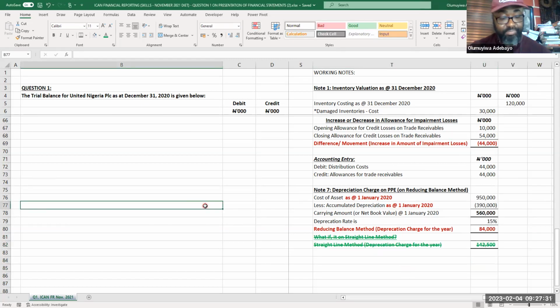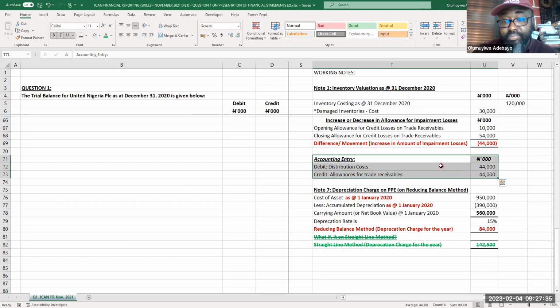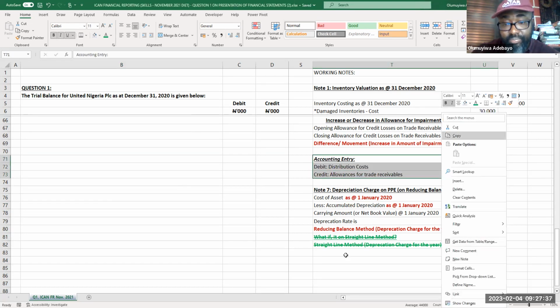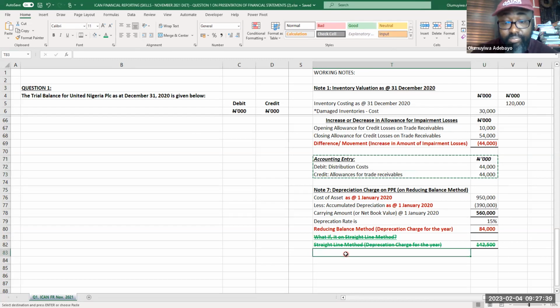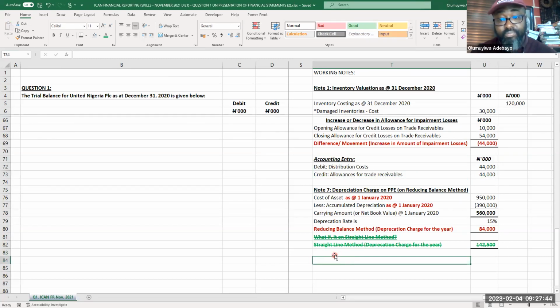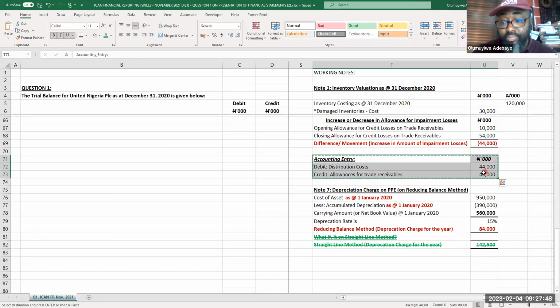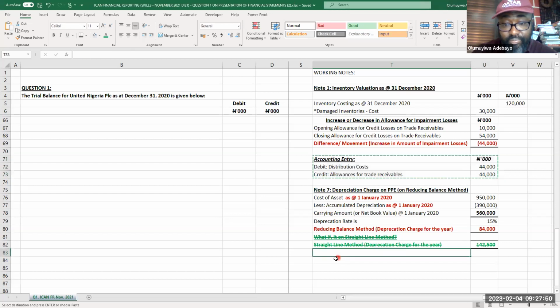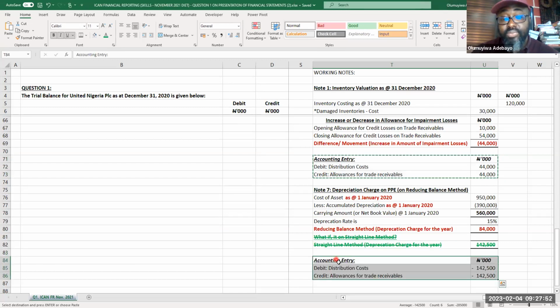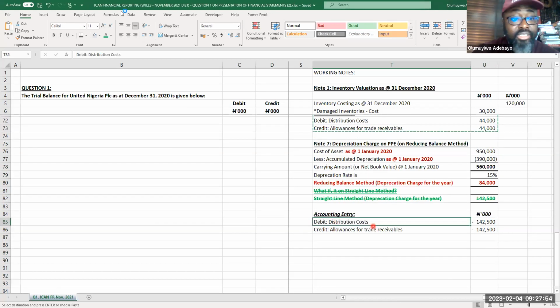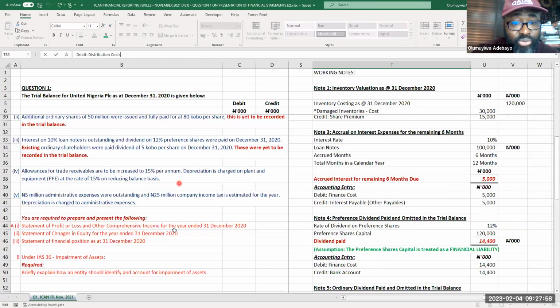Now, what is the accounting entry? You debit your admin, because it says something about where we should charge depreciation.